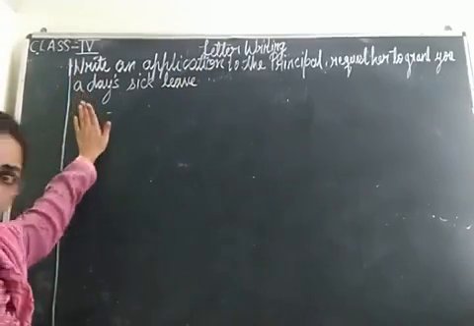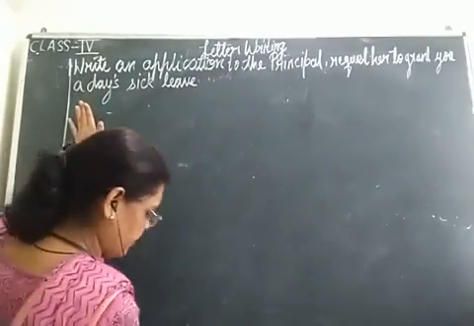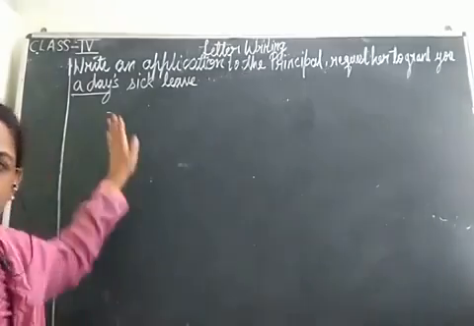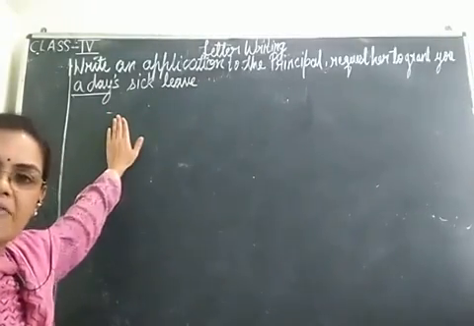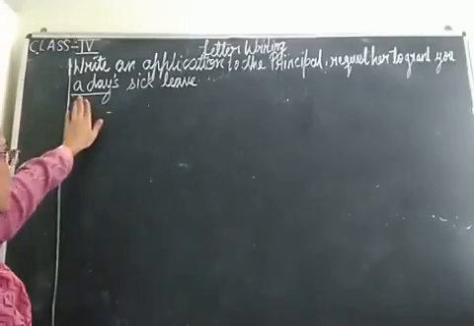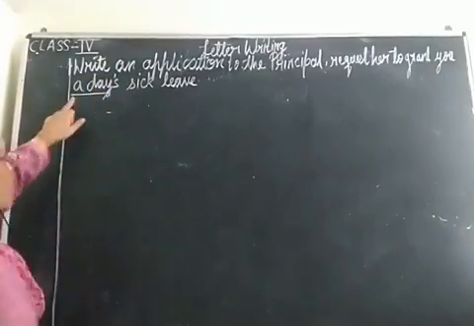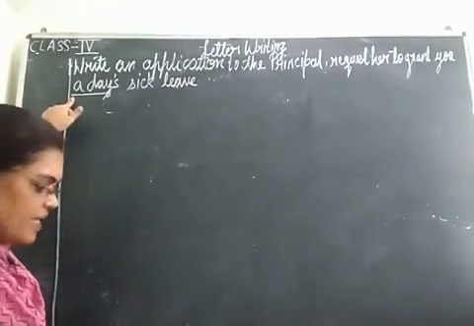Now, what did we learn in the format, children? First of all, we have to leave one line. So after writing the heading, please leave one line. Then after leaving the line, children, we will start from the left hand side corner.